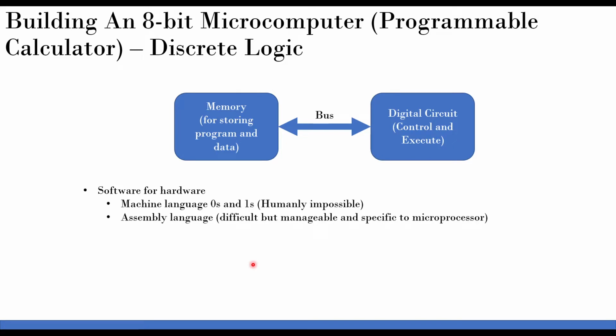It is very specific to the microprocessor or microcontroller system that you're going to use, but much easier for us than coding using zeros and ones. You will understand what assembly language is, because you will in fact be coding in assembly language at the start, and you will write very optimized codes. Then you will understand that it's not easy to use assembly language all the time, because it takes a lot of time and it's not that user friendly, and that's where you move to a slightly higher level.